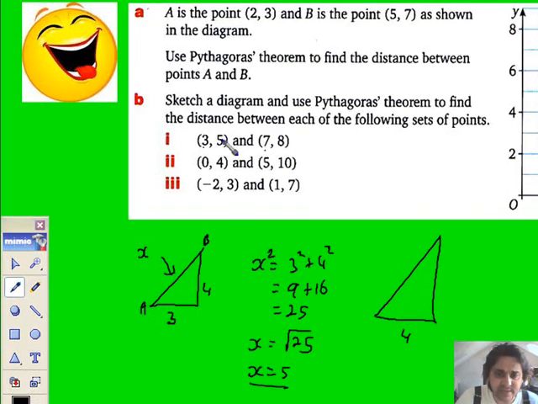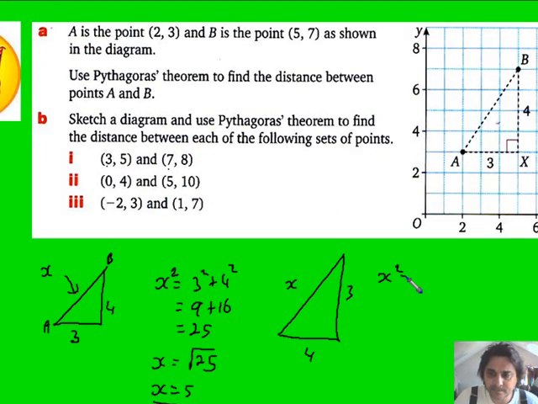And from 5 to 8 going up, I've got a y space of 3 units. So I know this looks longer than that, it doesn't matter. An x space of 4 and a y step of 3, say, and it's still a 3, 4, 5 triangle. So I shouldn't have chosen that, should I really? Anyway, so here we go. x squared, same as before, nothing new there. 16 and 9, 25. Press the square root button. Of course that will give us an answer of 5.